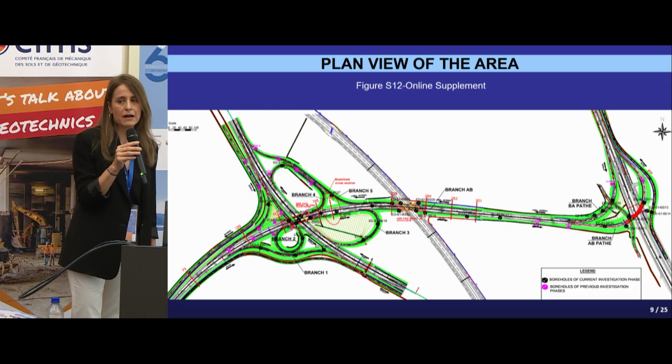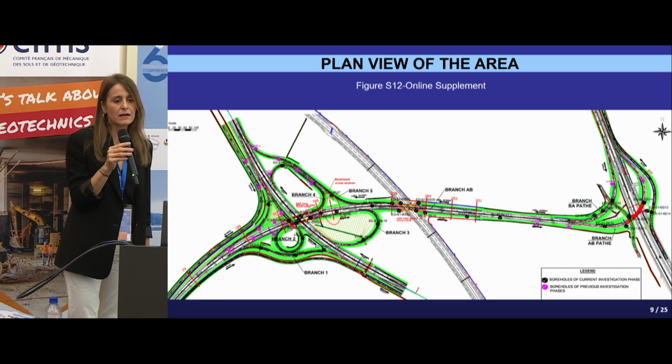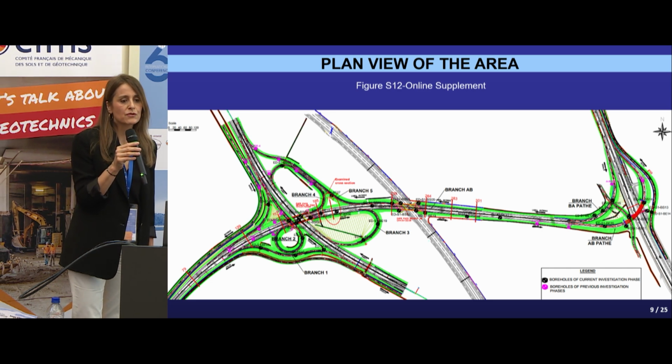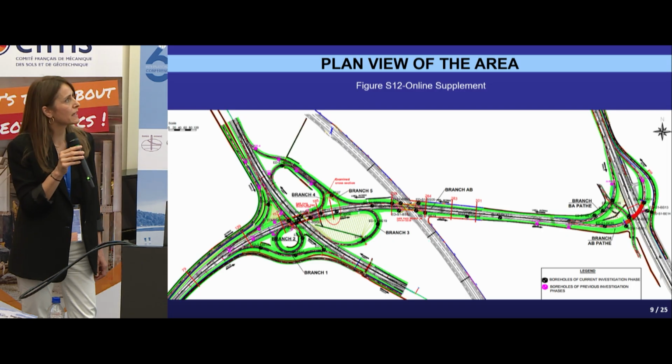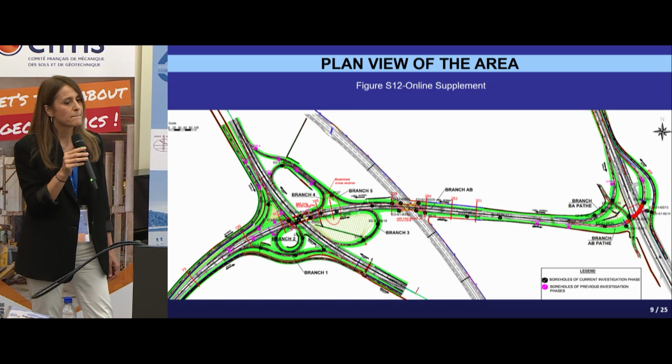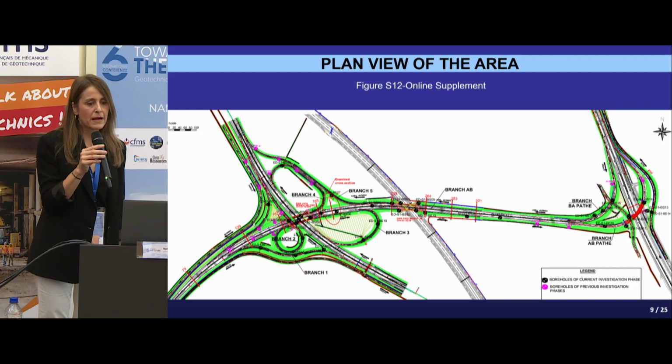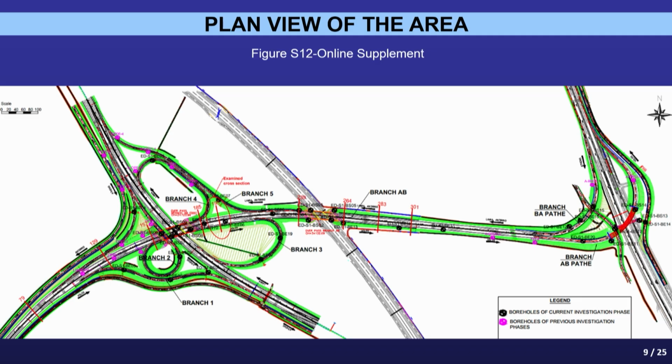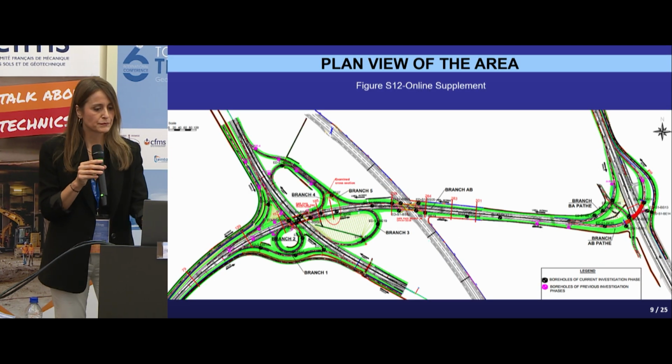The embankments are founded on compressible materials, and for these reasons, the embankments are constructed in stages. Some of the embankments have been constructed reinforced with geogrids, and for all the above reasons, we decided that monitoring of these embankments is very crucial.